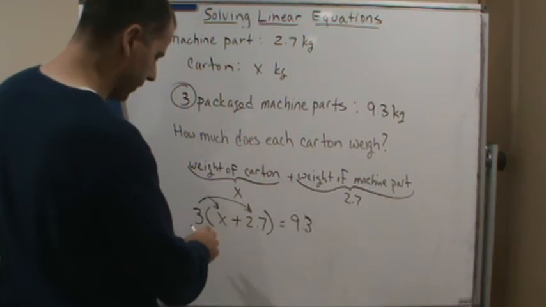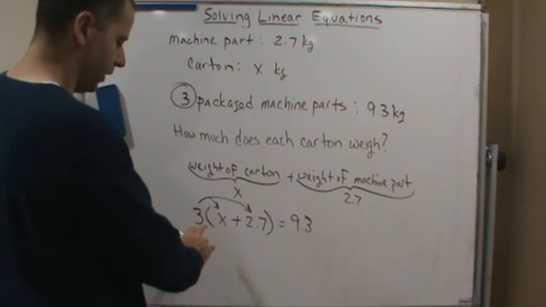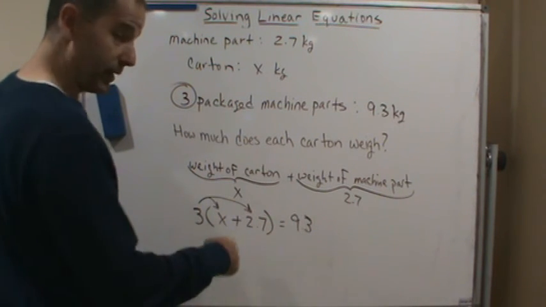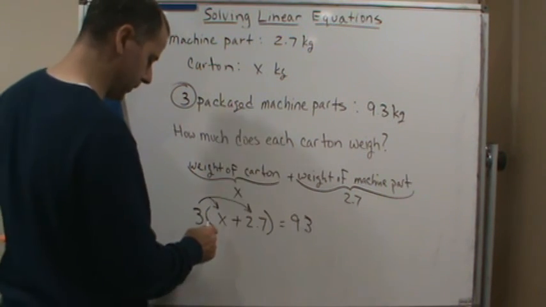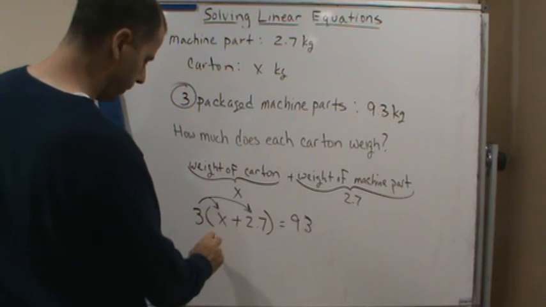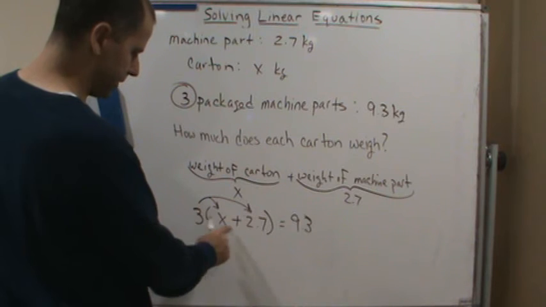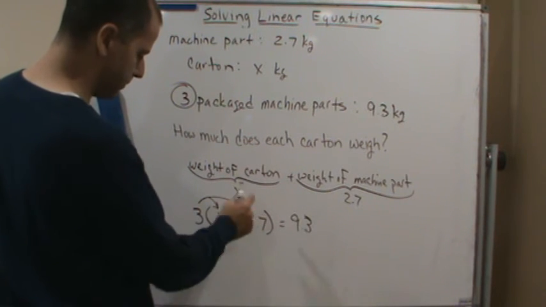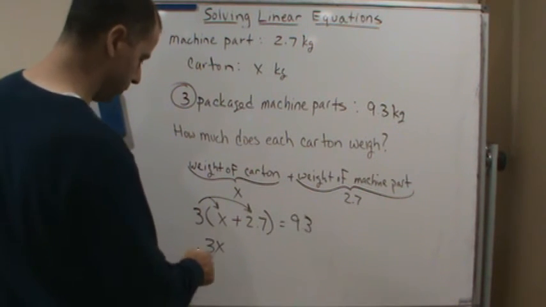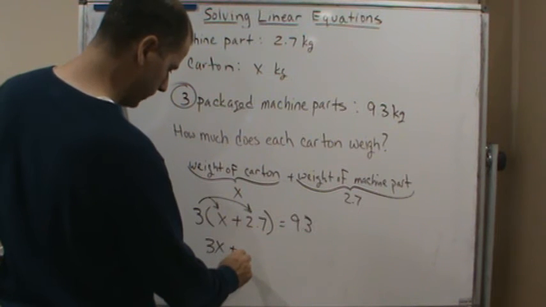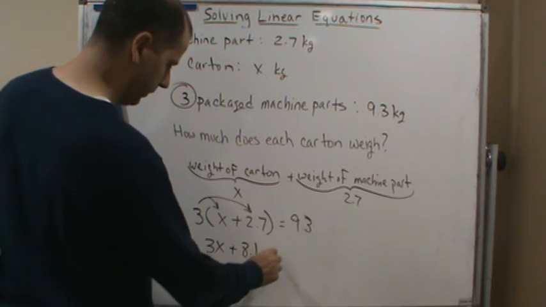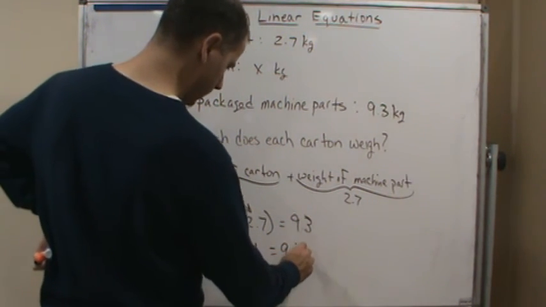But let's try this again. So I'm going to distribute. My steps are correct; I just messed up on the multiplication. So 3x. Now 3 times 2 is 6, and 3 times 0.7 is 2.1, not 2.4. So this is going to be 8.1 is equal to 9.3.